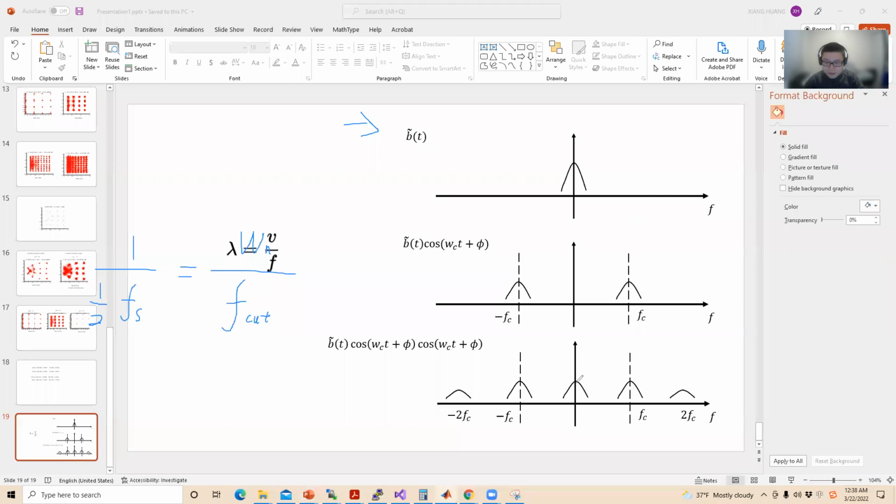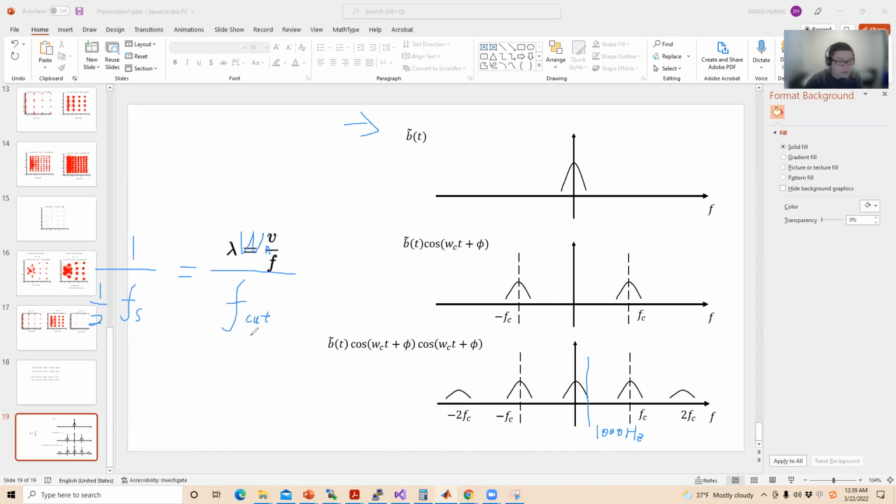Generally, we can just choose our maximum frequency as our cutoff frequency. In this case, since our maximum frequency is 1000 Hertz, we can just choose the cutoff frequency as 1000 Hertz.